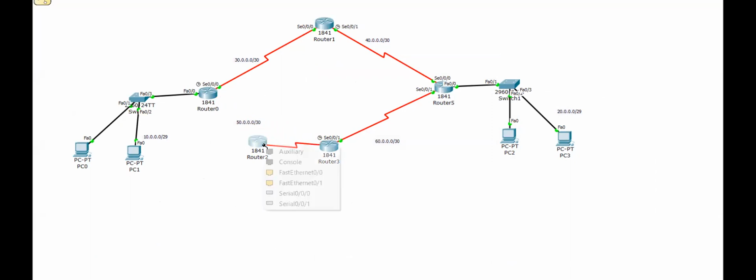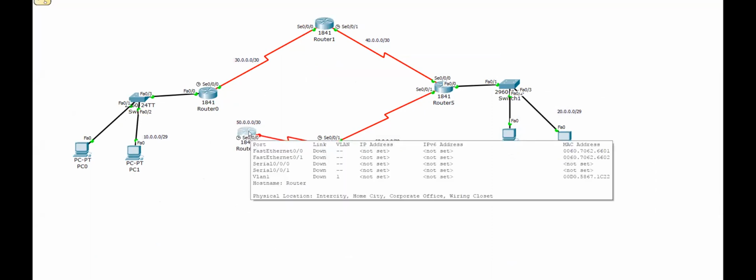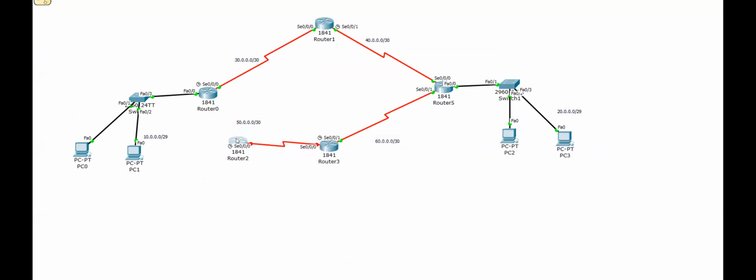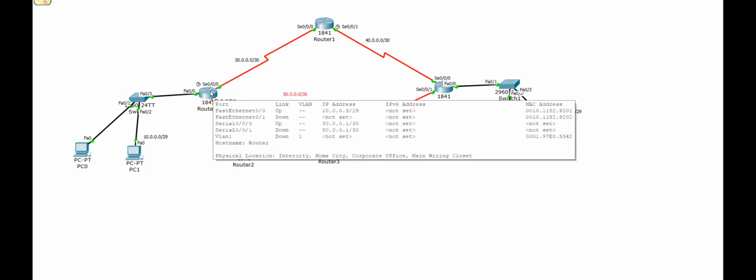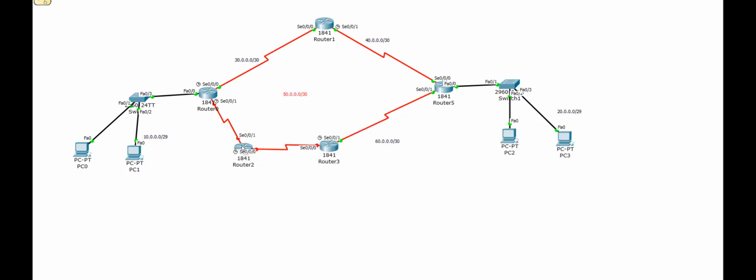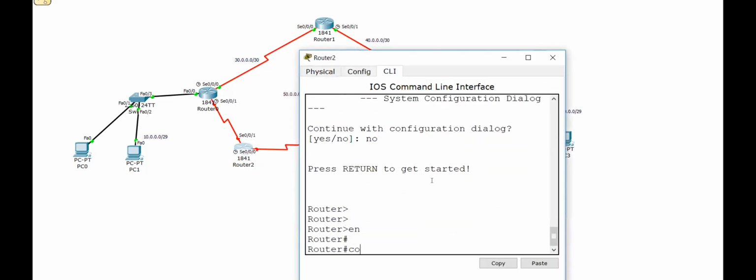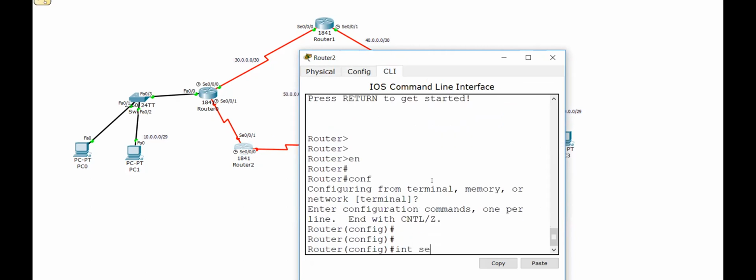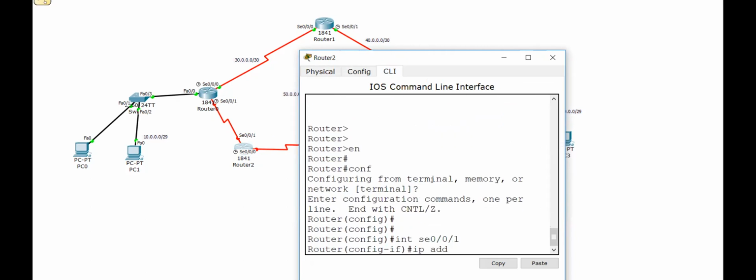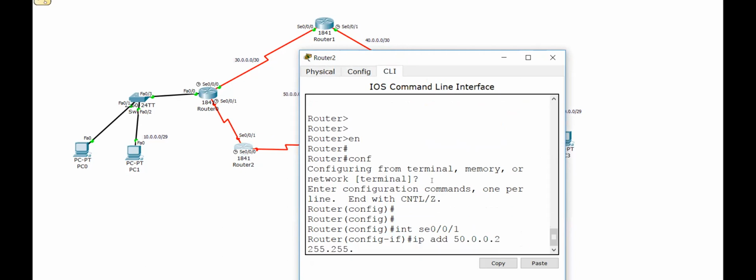So I'm using this cable here in serial 0/0/0, and here I have to use a new configuration because I'm using 50 here. 50.0.0.1 is on this router, so on this router I'm going to change interface serial 0/0/1 IP address to 50.0.0.2.